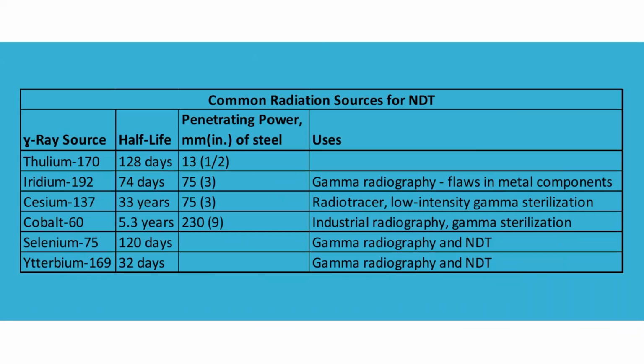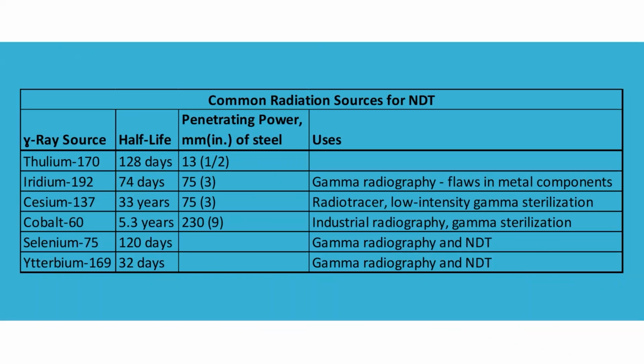So if we're performing gamma radiography, we have to track these half-lives. Say we have some of the selenium 75 here. It has a 120-day half-life. So the amount of gamma radiation it's giving off, from the day it's created in a lab, when we're 120 days out, has gone down by half.